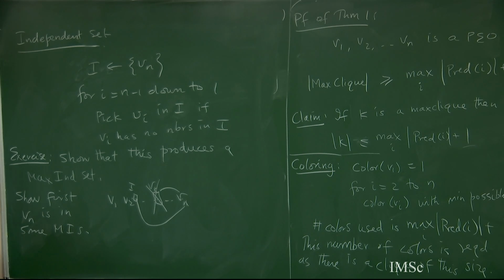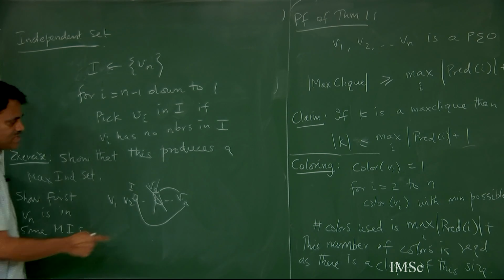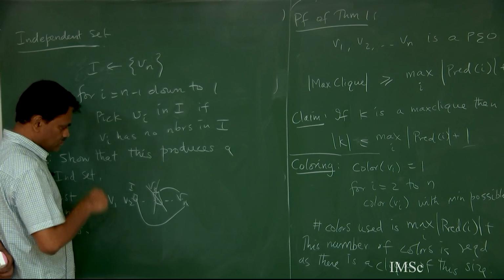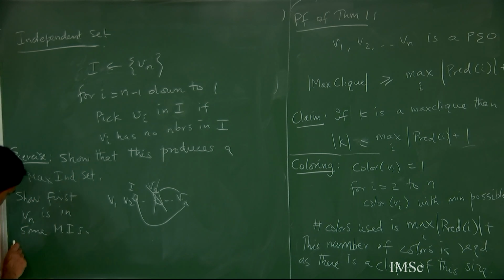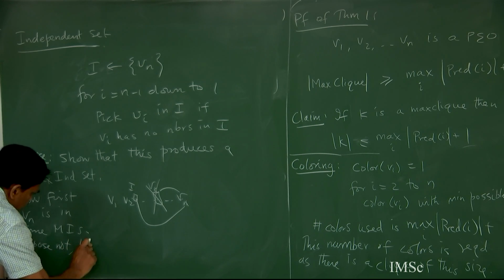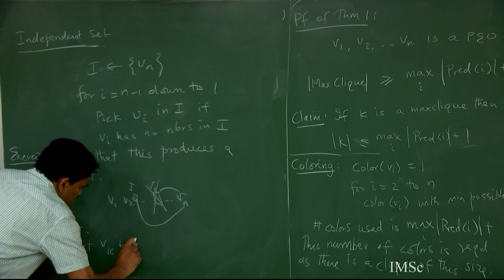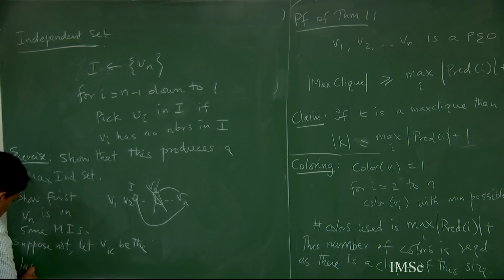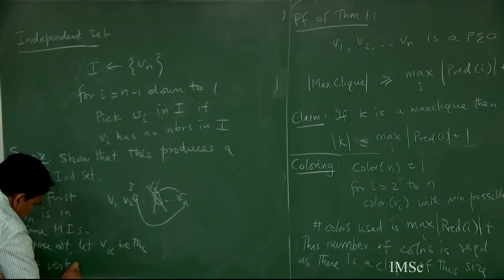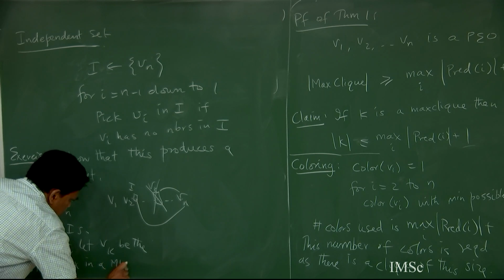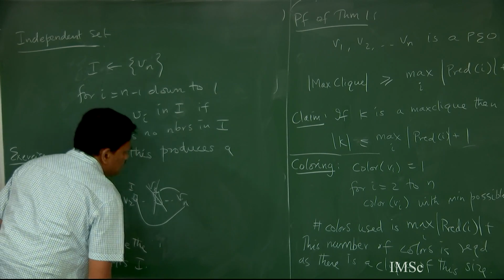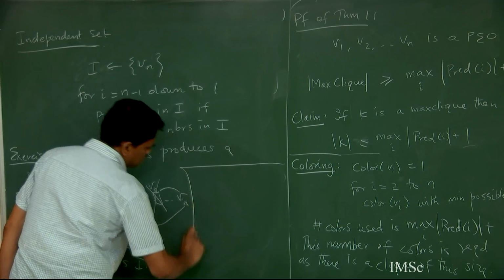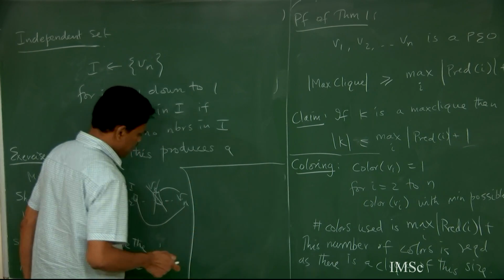Again, is it clear? So if VnVk was an edge, then suppose not, and let Vk be the last vertex in an MIS, let us call it I. Then I claim, okay, then there are two cases. Maybe there is no two cases. I'm just figuring out online.